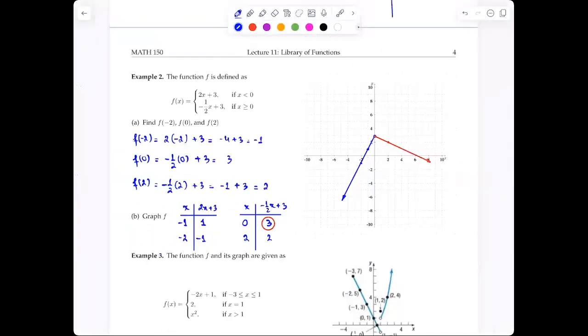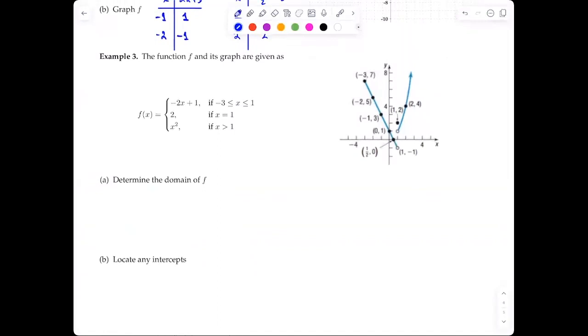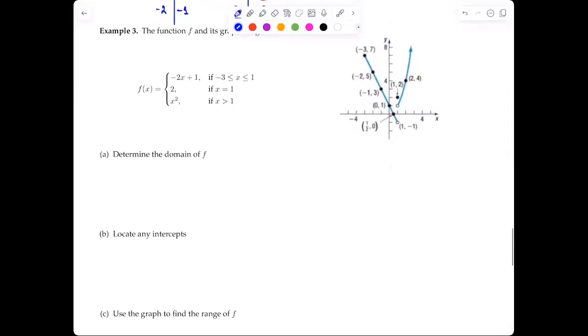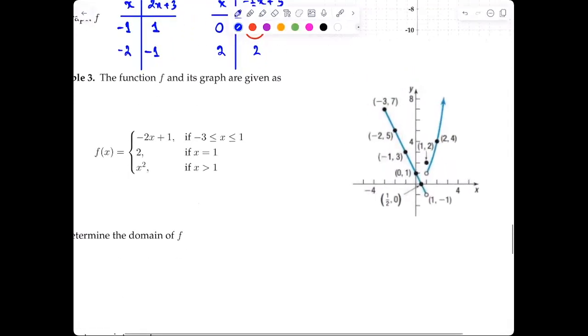Let's move on to the last example here. You are given a piecewise defined function and the graph, and you are asked: what is the domain of this function? And you locate any intercepts. And the last part is to use the graph to find the range of the function. This piecewise defined function is a little bit harder to draw, especially with an x squared function.